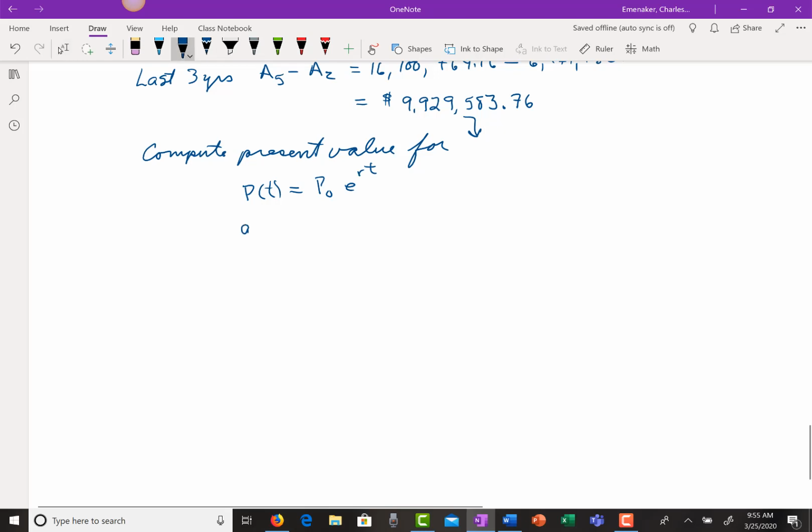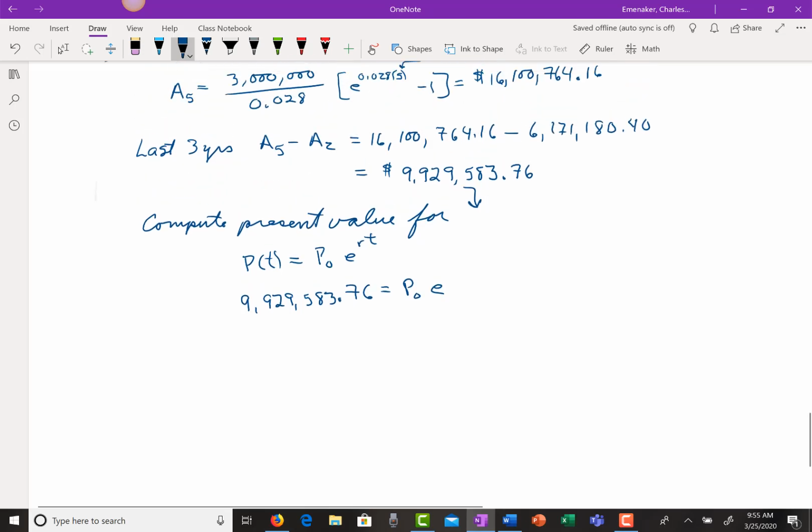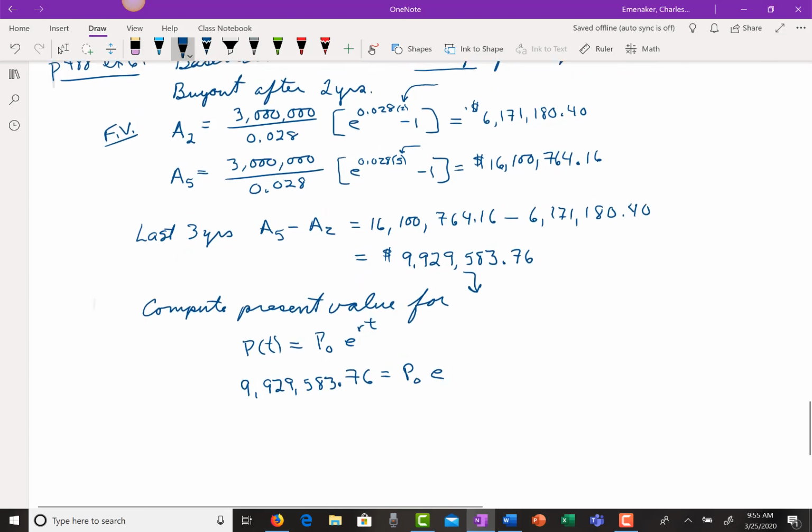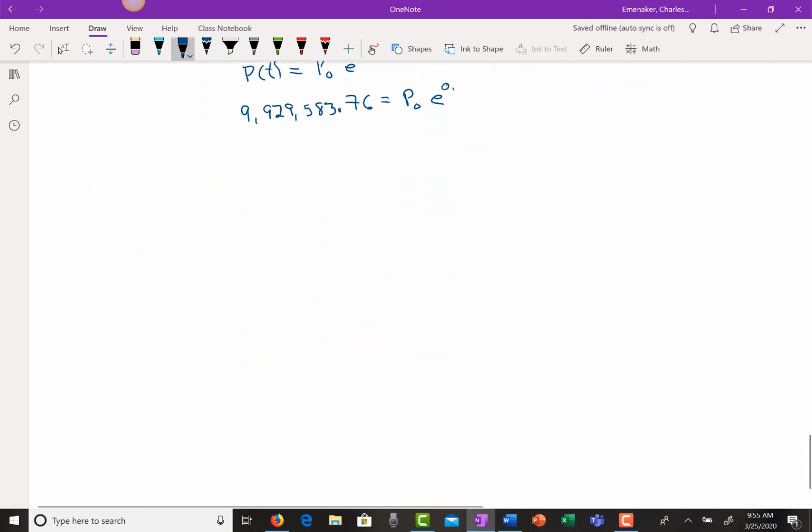The future amount is $9,929,583.76. The present amount we don't know. It's multiplied by e raised to the interest rate, 2.8%, 0.028, and because there are 3 years remaining on the contract, we're going to use 3 there. Okay, so we get P sub 0, which is the balance, which is the present value.